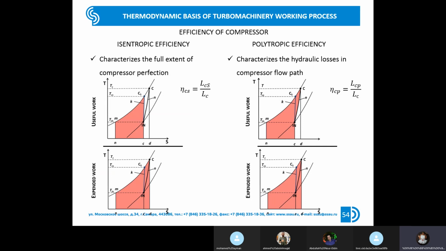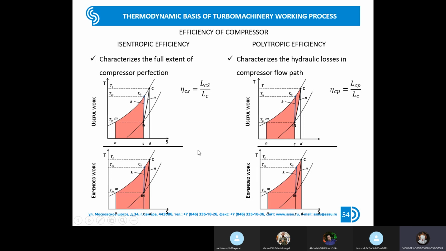We have a lot of types of efficiency, but in reality, in common thermodynamic processes, we use two types of efficiency: isentropic efficiency and polytropic efficiency.